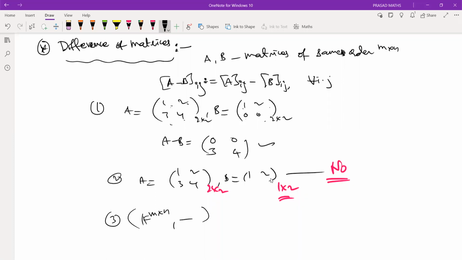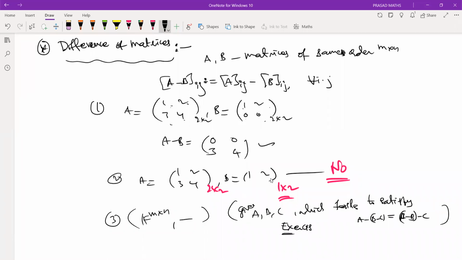So you need to give 3 matrices. It's an exercise. Give 3 matrices A, B, C which fail to satisfy A minus (B plus C) equals (A minus B) minus C. You need to show it. Give me 3 matrices. It's a simple exercise.